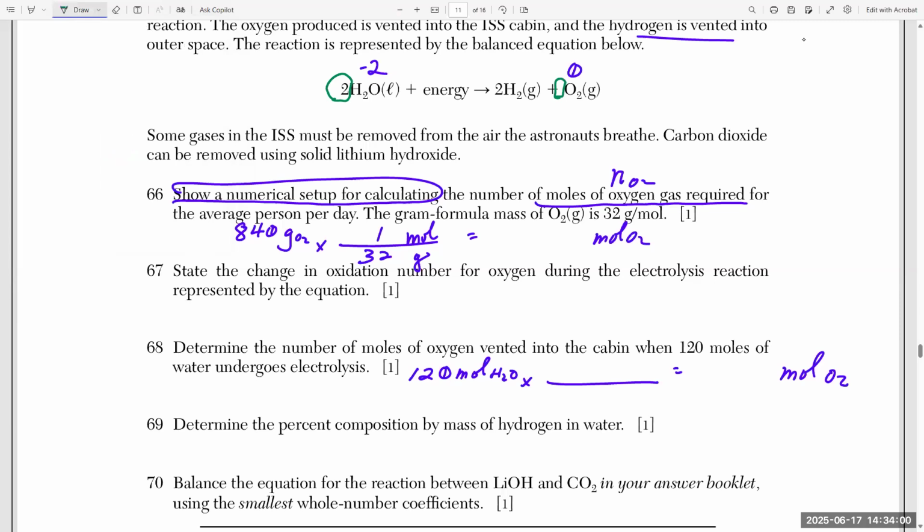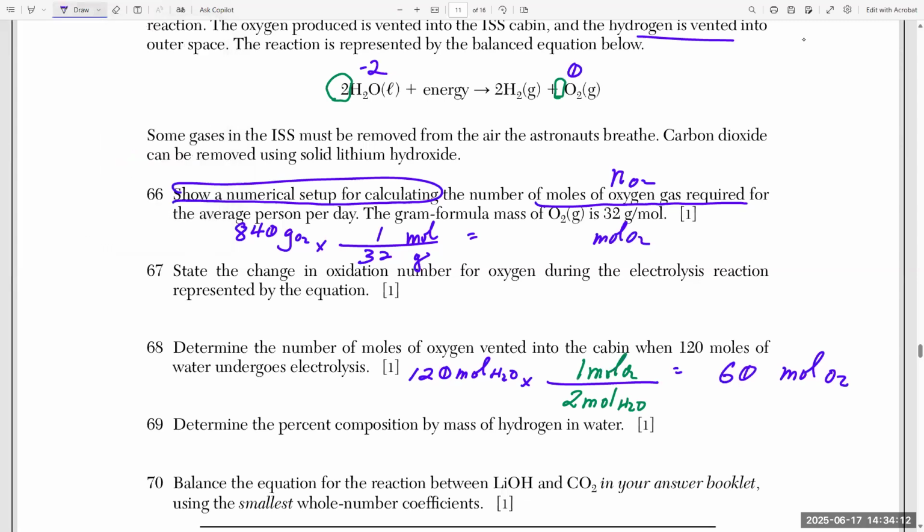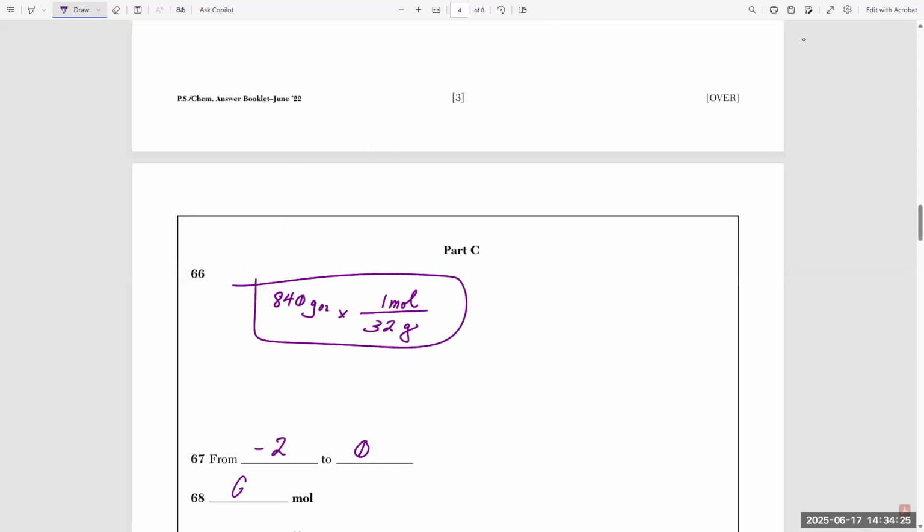So it's 2 moles of H2O to 1 mole of O2. That's the coefficient ratio. And essentially, we're just dividing by 2, so it's going to be 60. How many sig figs? It's going to be 2 sig figs, because 120 is 2 sig figs. So the answer is 60 moles.